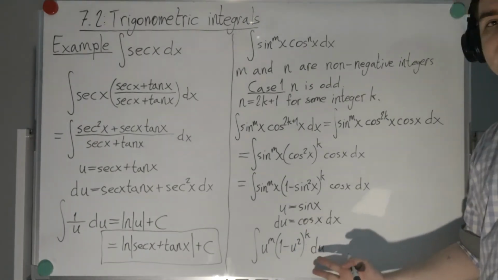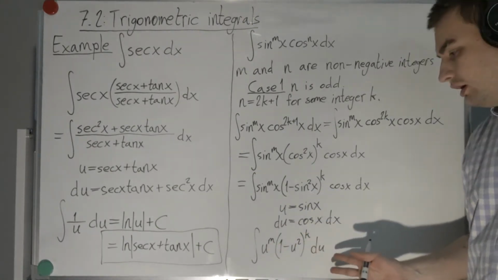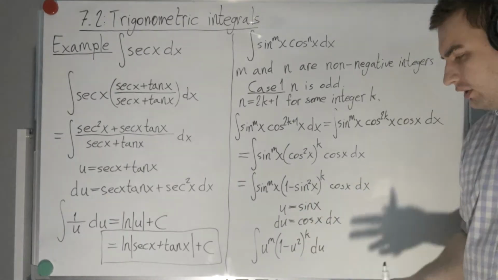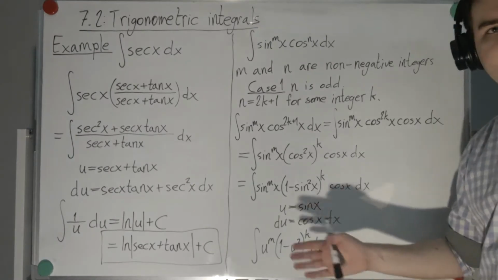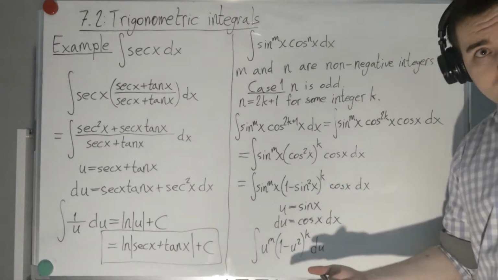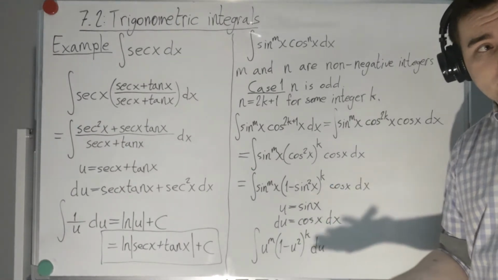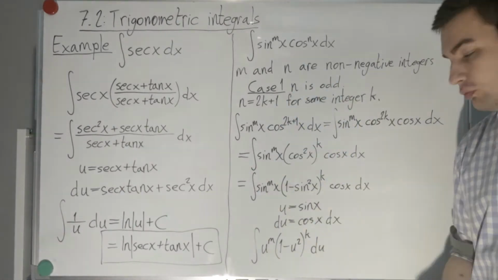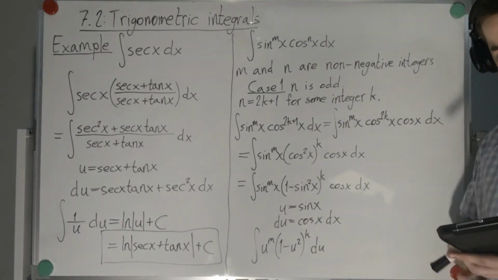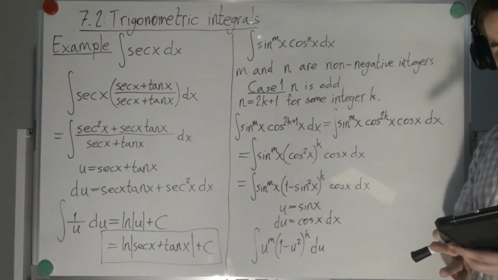And now this, of course, is a polynomial. Maybe you might need to do some distribution or whatever to get the integral to work out nicely, but it's just a polynomial. So ultimately the power rule will be able to be used in some way on it, and so that will handle the problem. Okay?